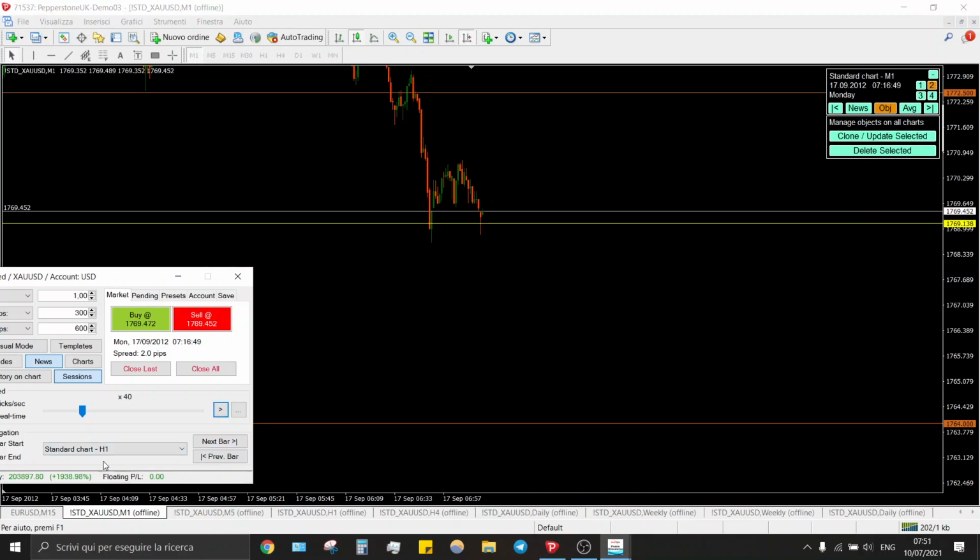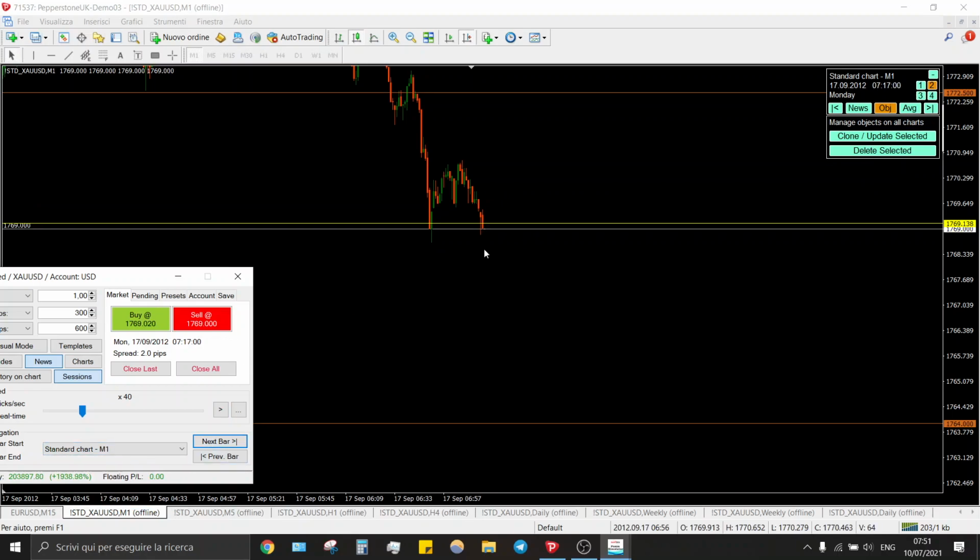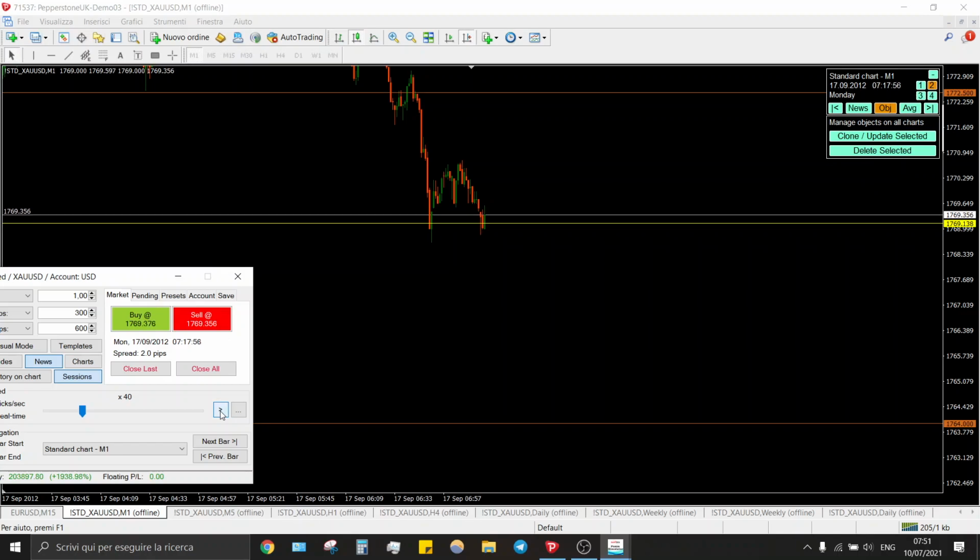Okay, the 1 minute candle closed above. This was a rejection, but this one closed still below, so there's no sign of double bottom yet. Let's see if we see some engulfing candle. Okay, so we start seeing bullish candles.